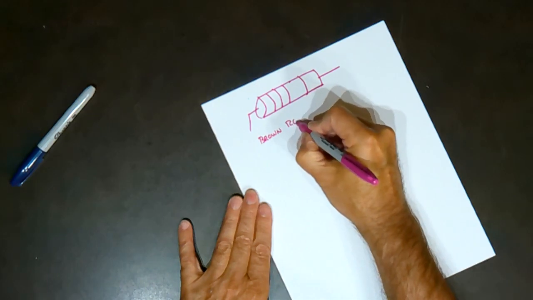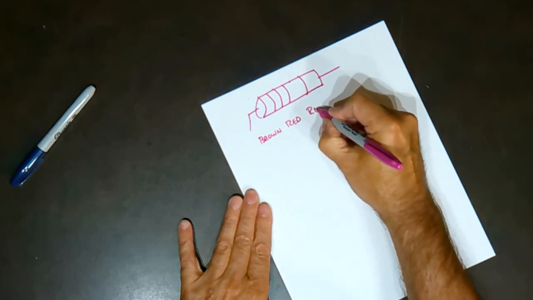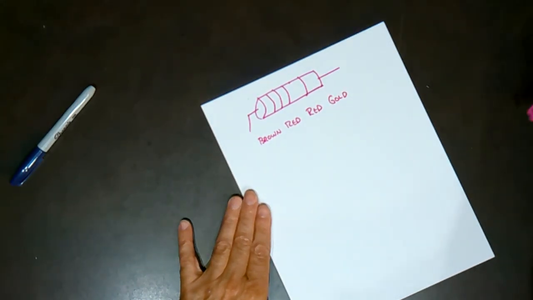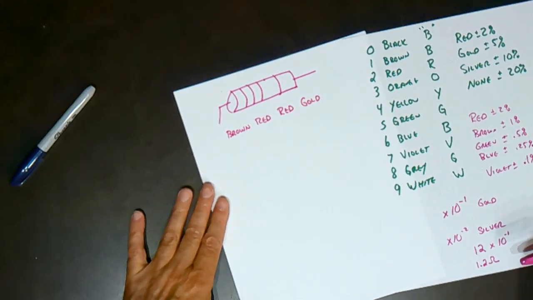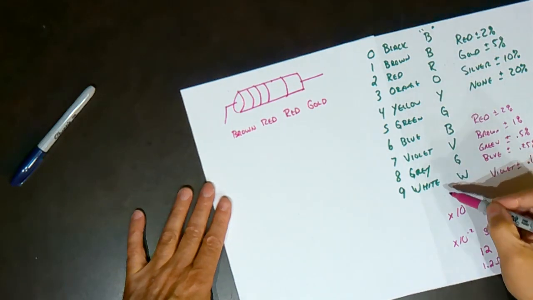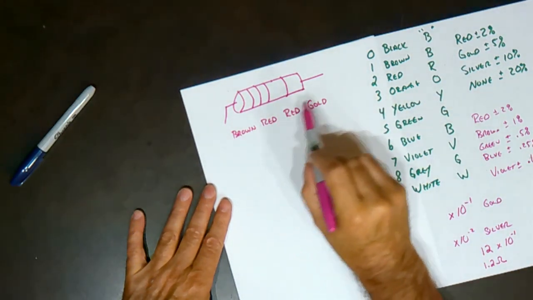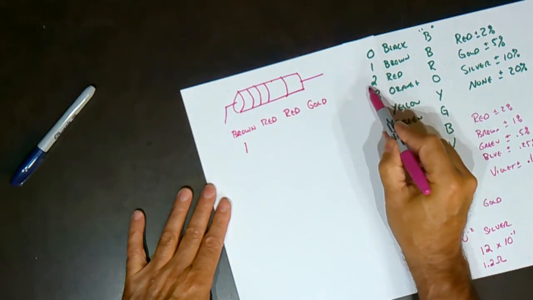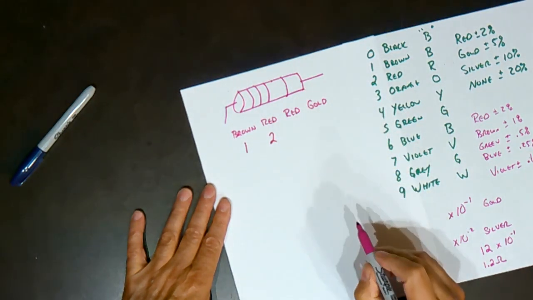Brown, red, gold. So what we would do is go to our resistor color code. Brown is the first digit, so that's a 1. Red is the next digit, that's a 2.